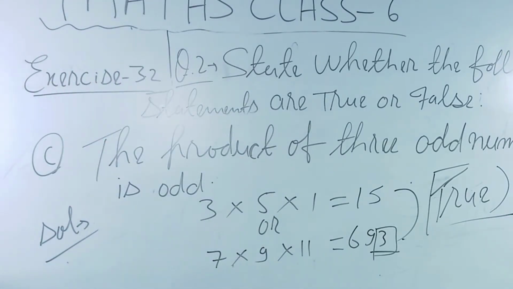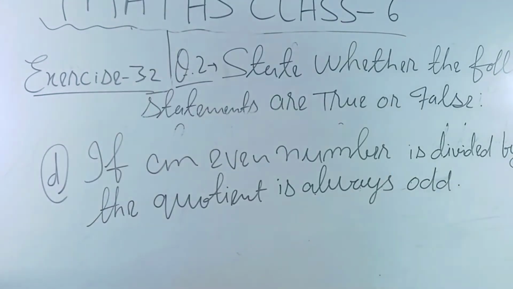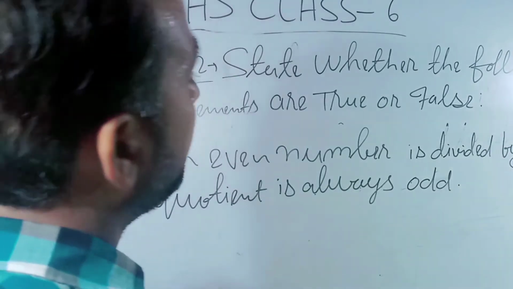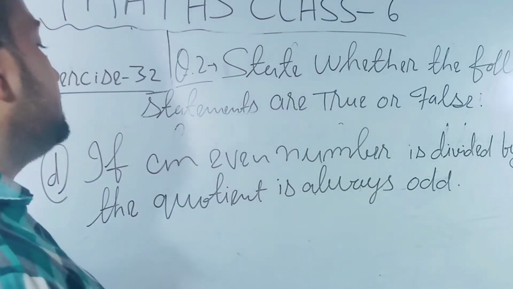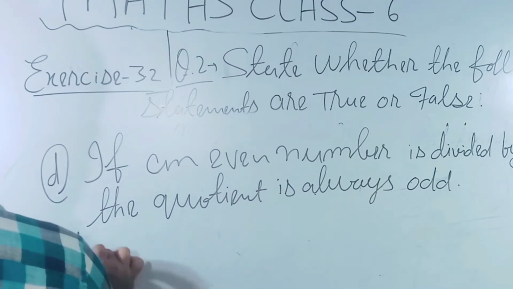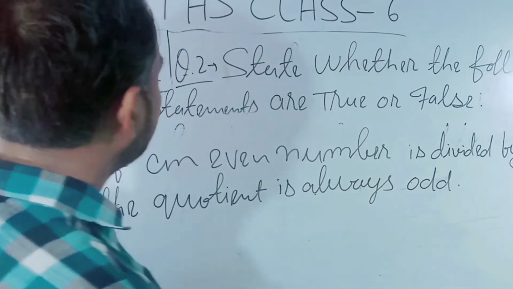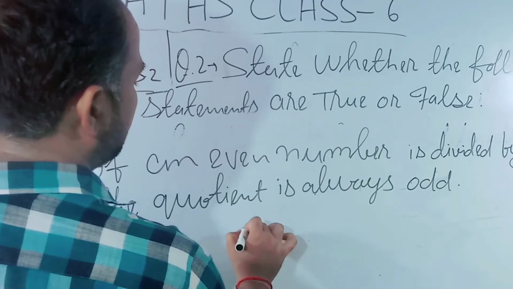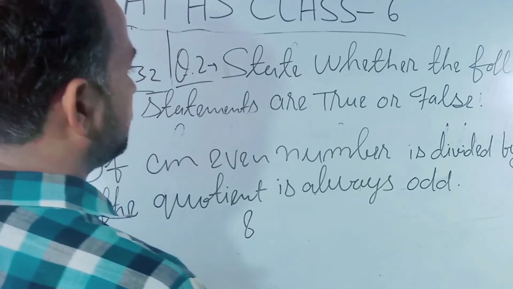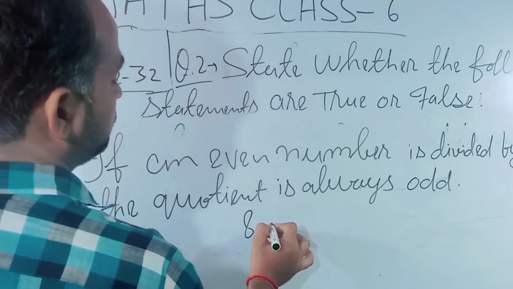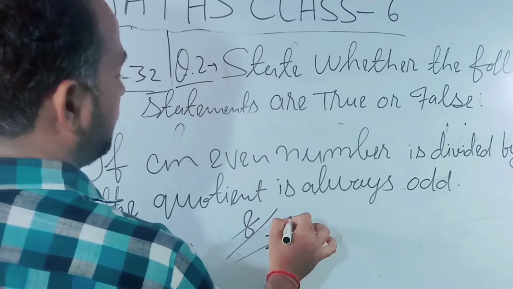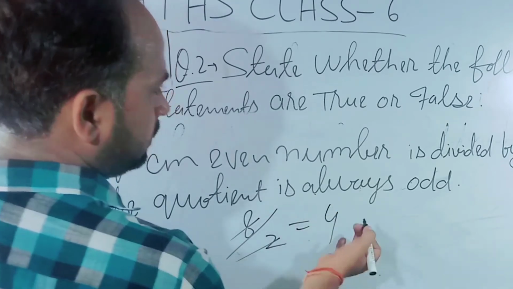Part D of question number 2: if an even number is divided by 2, the quotient is always odd. Let's see. Solution: I am taking one even number divided by 2. 8 divided by 2 is 4, the quotient is an even number.